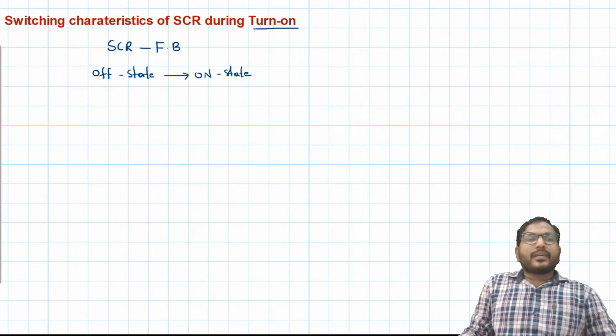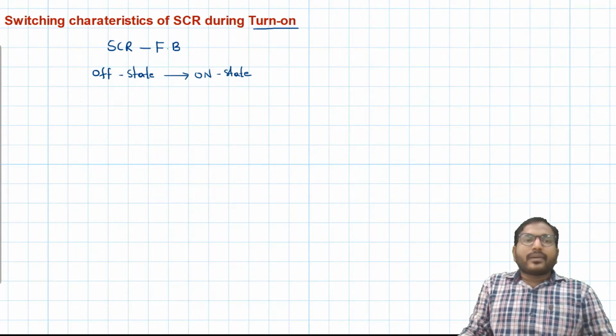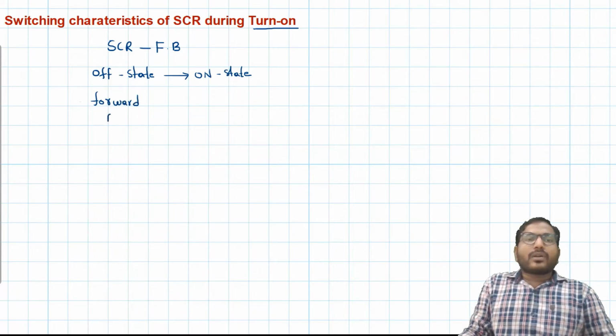From the VI characteristics we can define this: the SCR is switching from forward blocking state to forward conduction state.